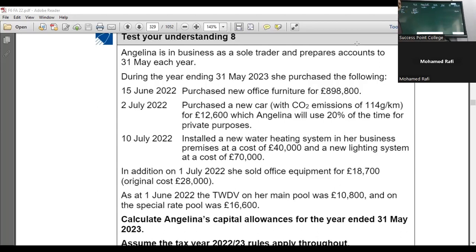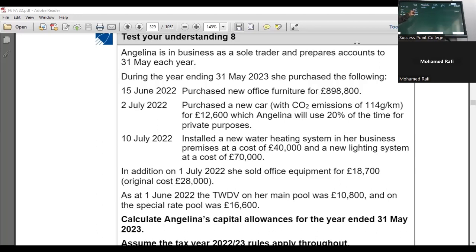Okay. After that, we will claim AIA against the main pool items, which we have purchased what? Office furniture. Office furniture for 898,800. We are left with 890,000 because 1 million is the AIA limit.